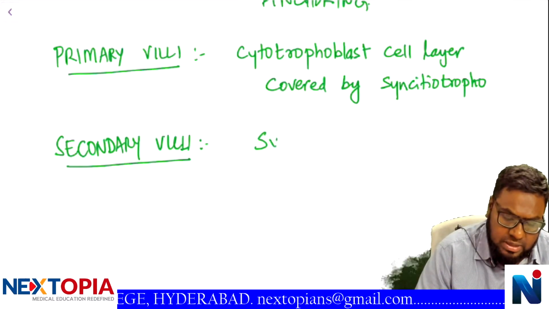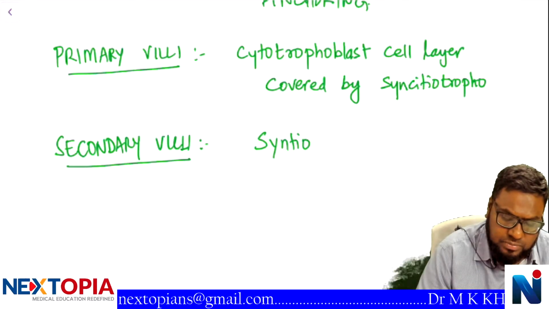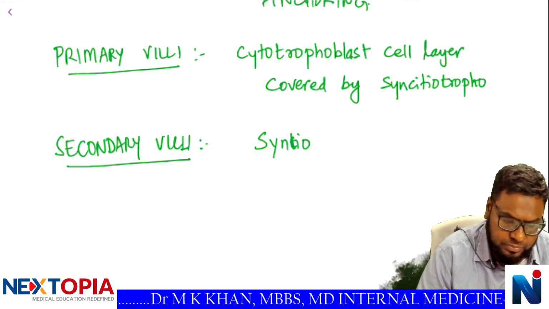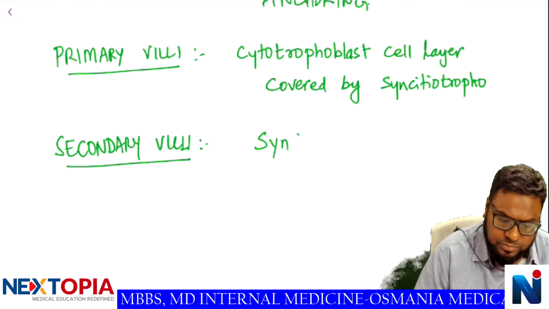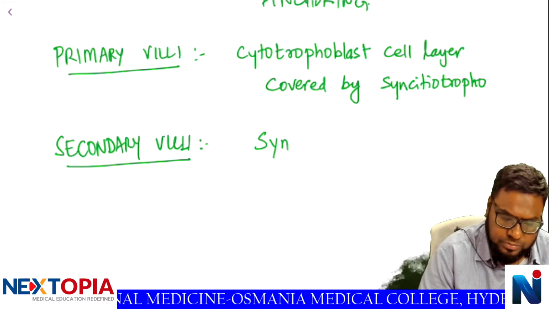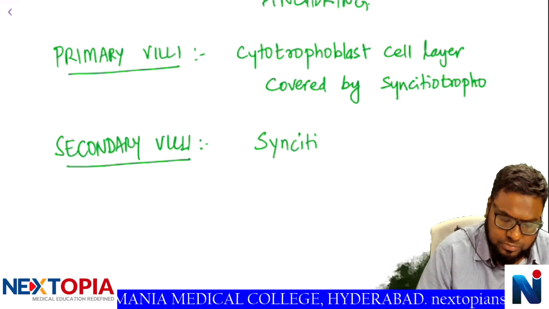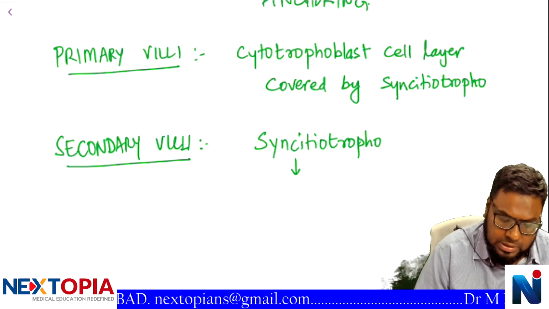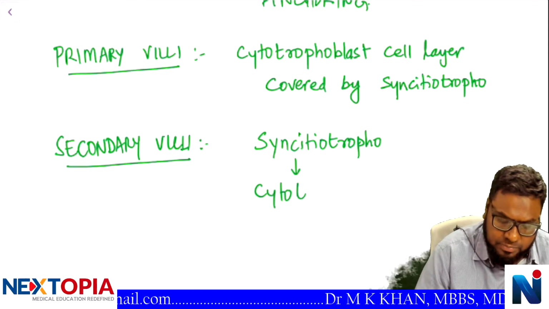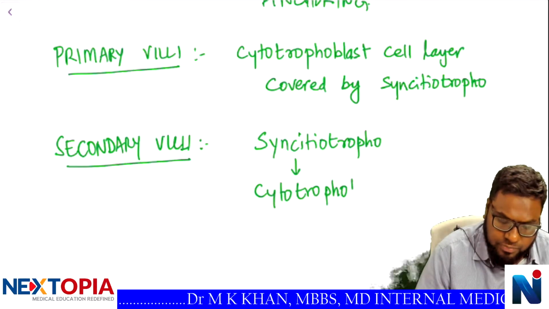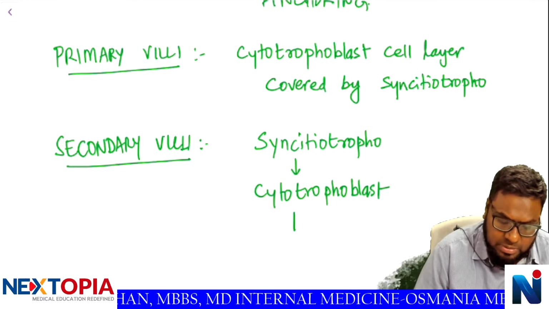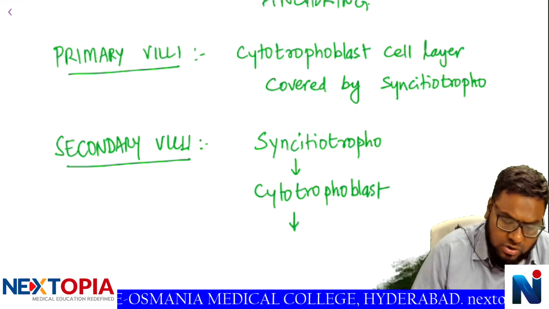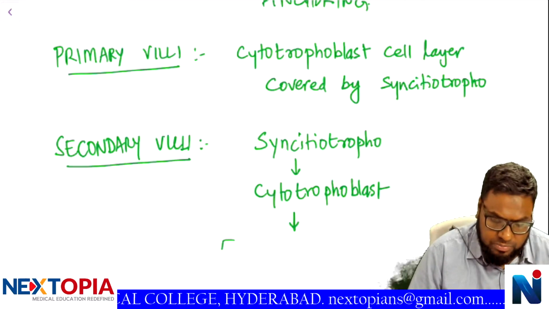So they have got outer syncytiotrophoblast, then the intermediate cytotrophoblast layer. Next comes what? Next comes the inner layer of extraembryonic mesoderm.